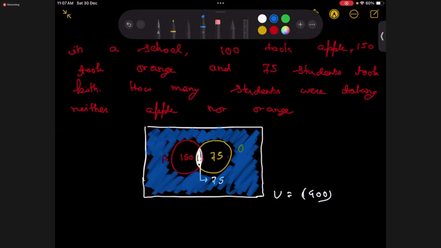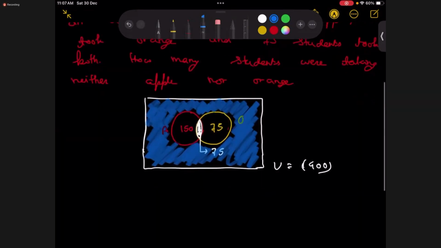The students in the red portion took at least an apple. The students in the yellow portion took at least an orange. The students in the white portion took both orange and apple. But if a student lies in the blue portion, then he or she took neither an apple nor an orange. So we need to find the blue portion.